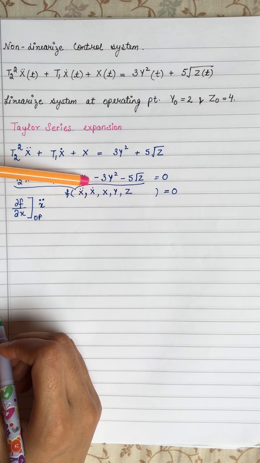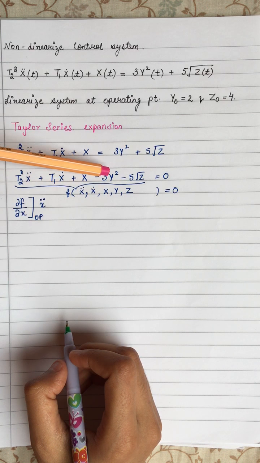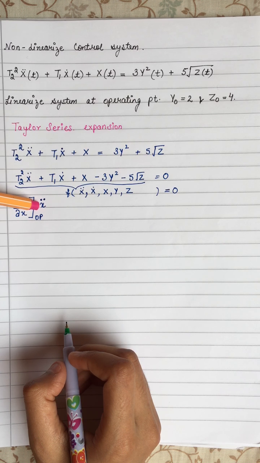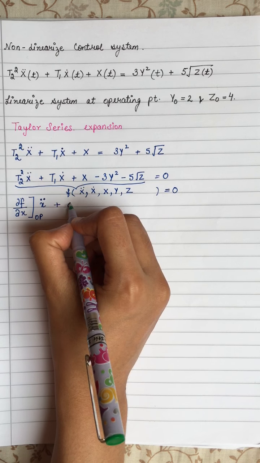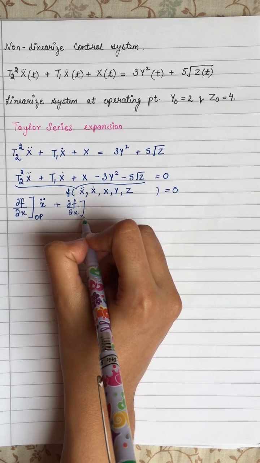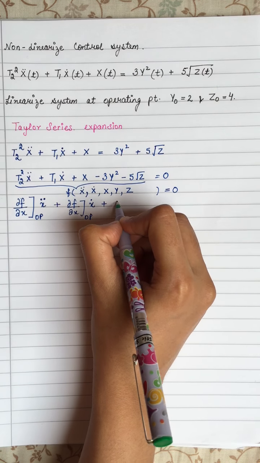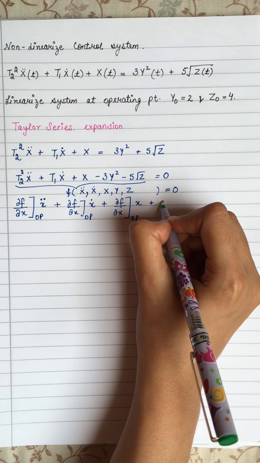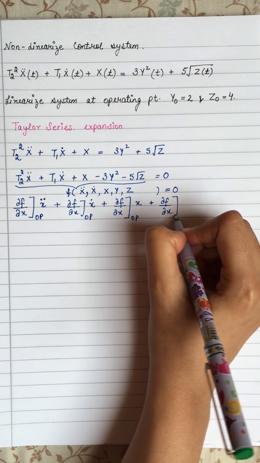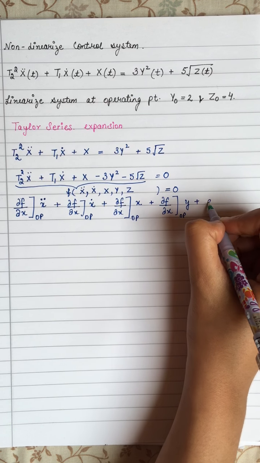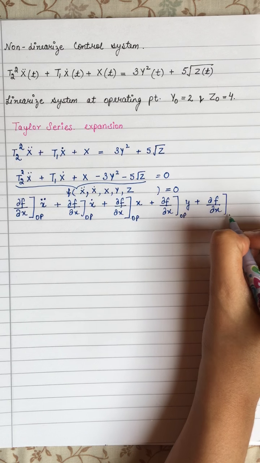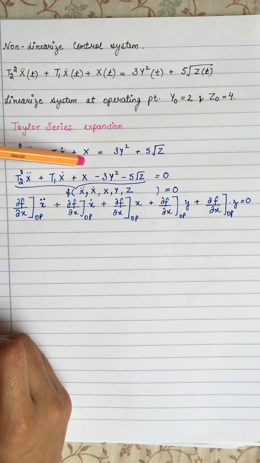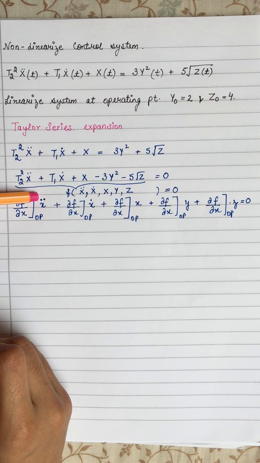Always remember, in our equation the x double dot, x, y and z are written in capital letters, but when we do partial differentiation all will be written in small letters. So we have to do that with every step.